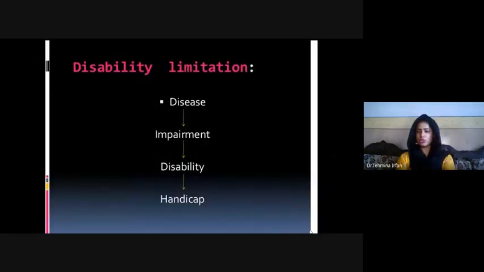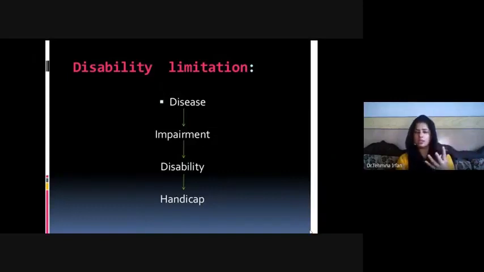Disability limitation. I was talking about disease in the very first slide, that disease makes a person disabled and in later stages handicapped. This is a very important chart, you can say a flow chart, that whenever a person gets a disease, he or she will develop an impairment. For example, in our GI system, a person gets pyloric sphincter inflammation.